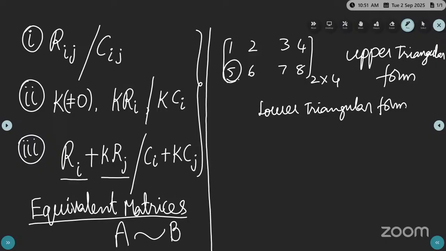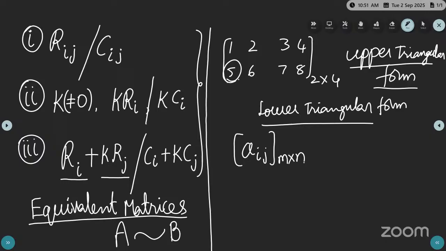Next, if you apply both row and column transformations, any matrix A of order m by n, if its rank is smaller, can be converted into [Ir 0; 0 0] of order m by n.